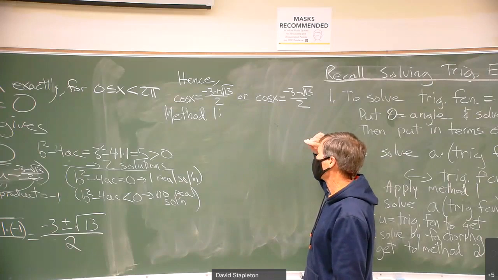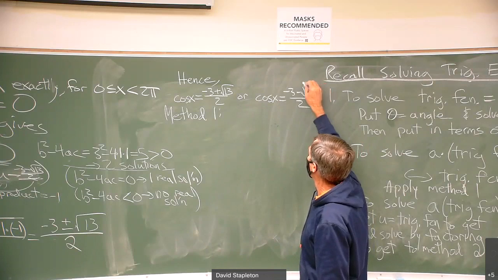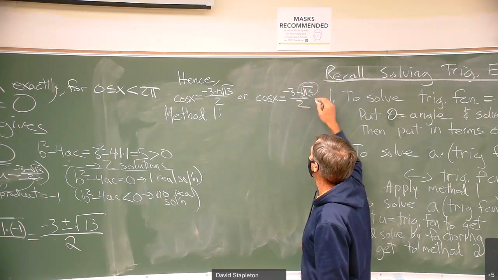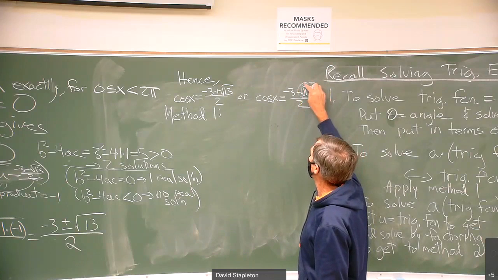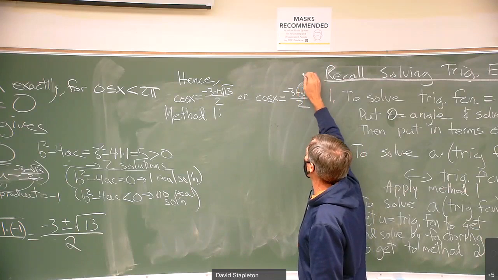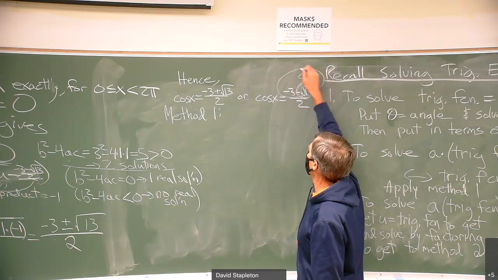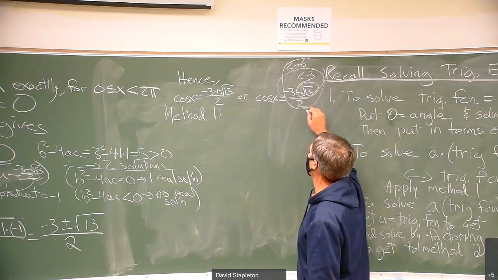Now, this one, what do I know? Square root of 13 is bigger than 3, right? The square root of 9 is 3. So this whole thing is less than minus 3. I have something that's less than minus 6 on the top over 2. The whole right side is less than minus 3.